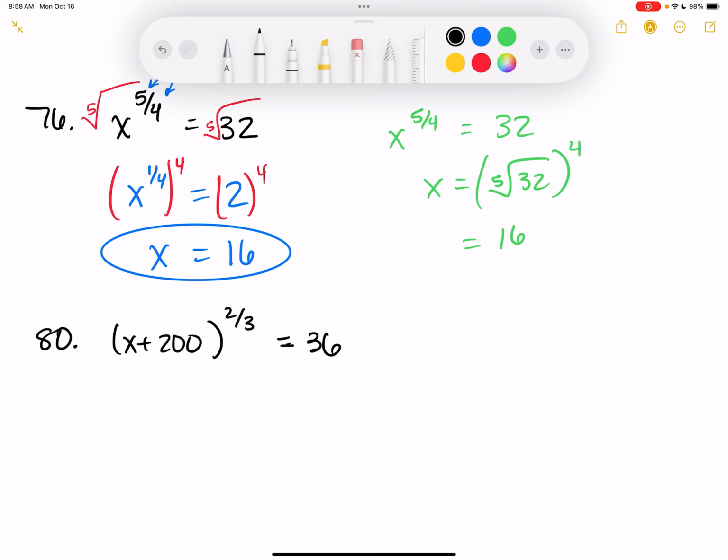I've got it raised to the 2/3. Do the third, or the 3, whatever it's called. So you want me to cube it first? Or you want me to take the square root first? Whatever one's better. I would say the square root, because I don't know what 36 cubed is, but I do know what the square root of 36 is. So I'm going to take the square root of both sides first.